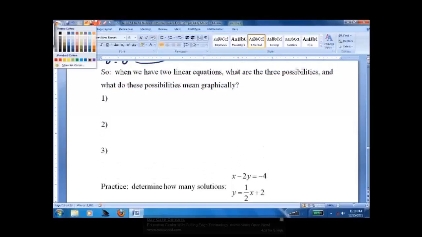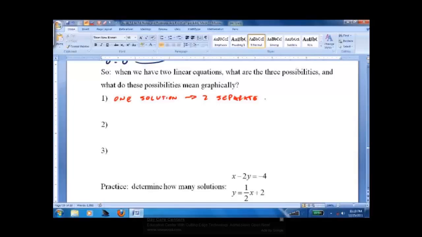So when we have two linear equations, we have three possibilities. What are they? What do they mean graphically? Well, one solution, that means two separate non-parallel lines. And if we have no solutions, we have two parallel lines.